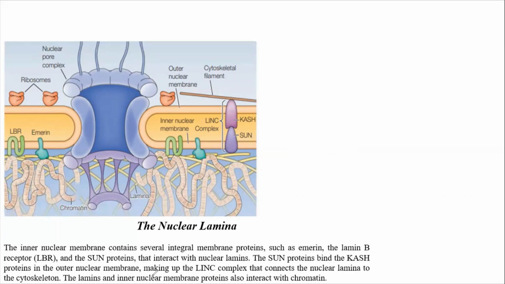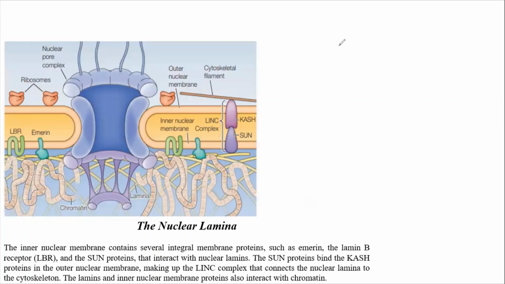The inner nuclear membrane contains several integral proteins such as emerin and lamin B receptor. LBR is your lamin B receptor, and it is binding to the lamins. Then we have the SUN proteins which interact with the lamins. The SUN proteins bind to the KASH which is present in the outer membrane, making up the LINC complex. This is connected to the nuclear lamina, and then to the cytoskeleton. So all this together is binding to your chromatin. This association you have to understand.